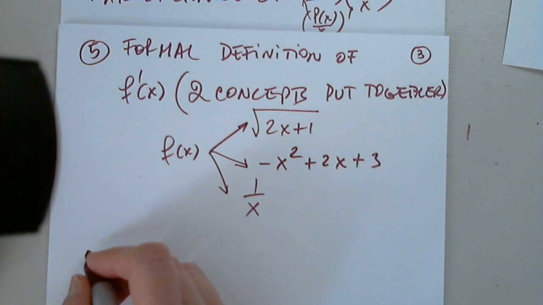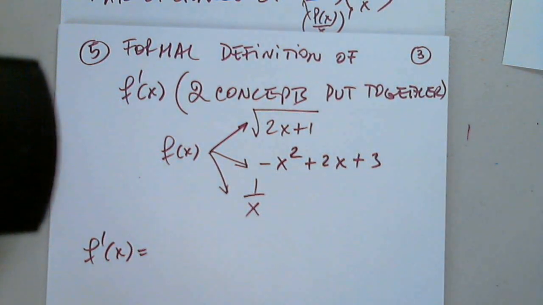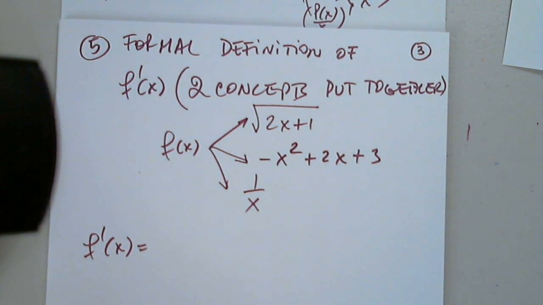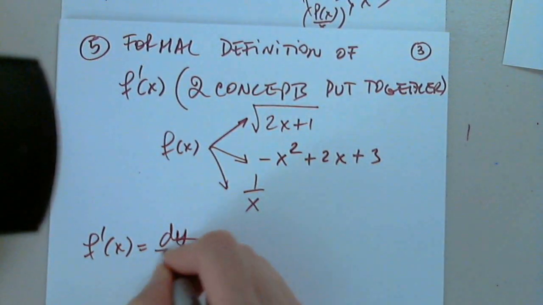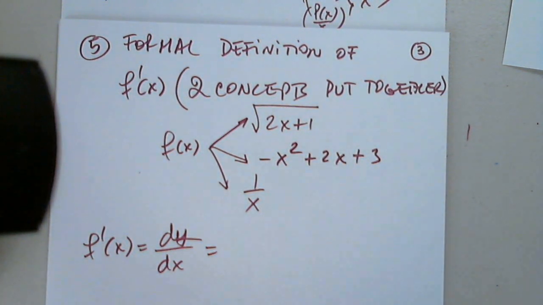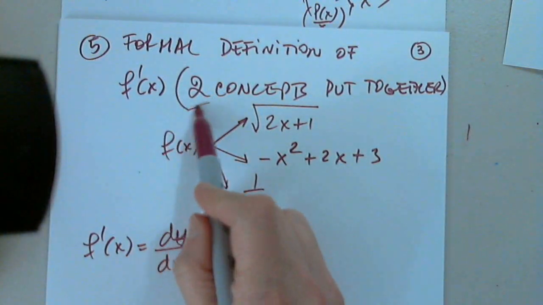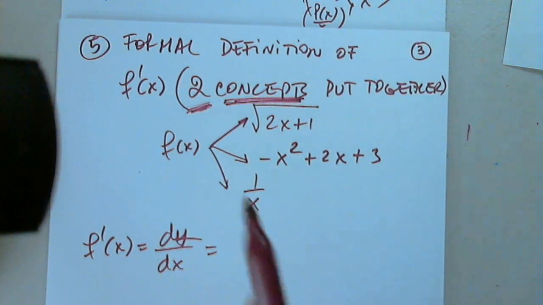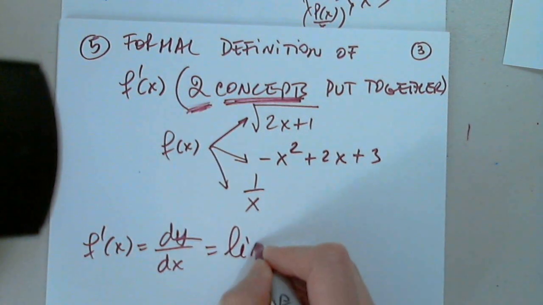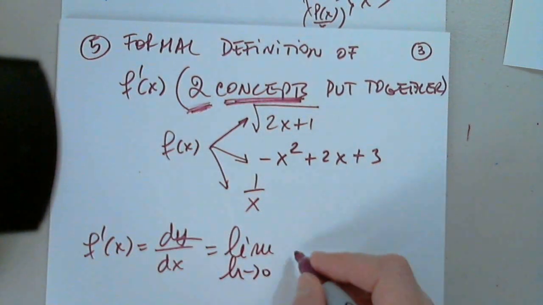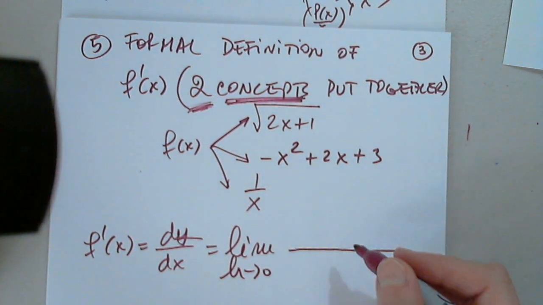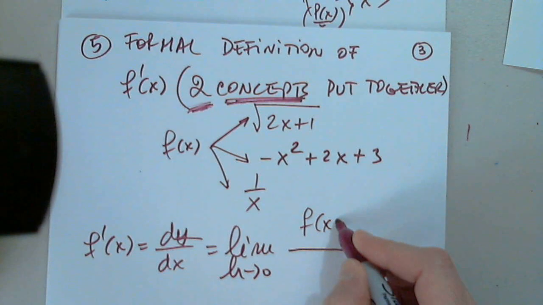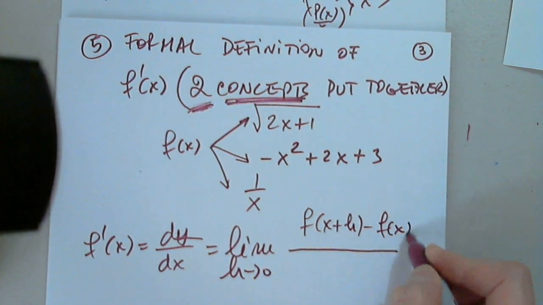And now I'm ready. Is it dy over dx? It's the same notation, the same thing, but the formal definition. Two major concepts that we talked about in this class, put together. Is it the limit as h goes to 0 of f of x plus h minus f of x over h?